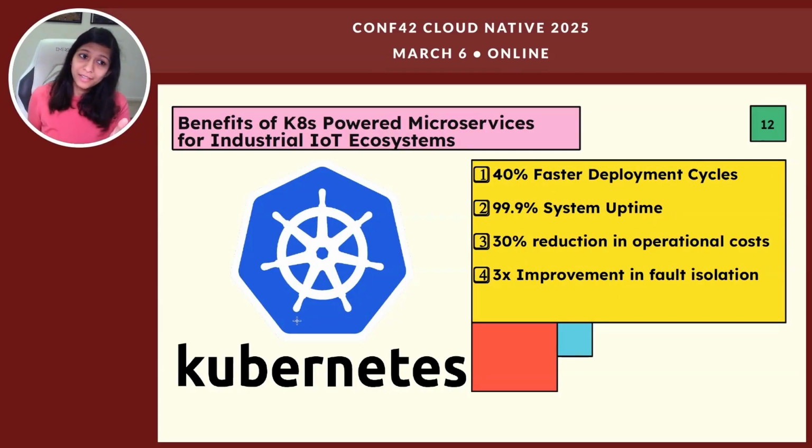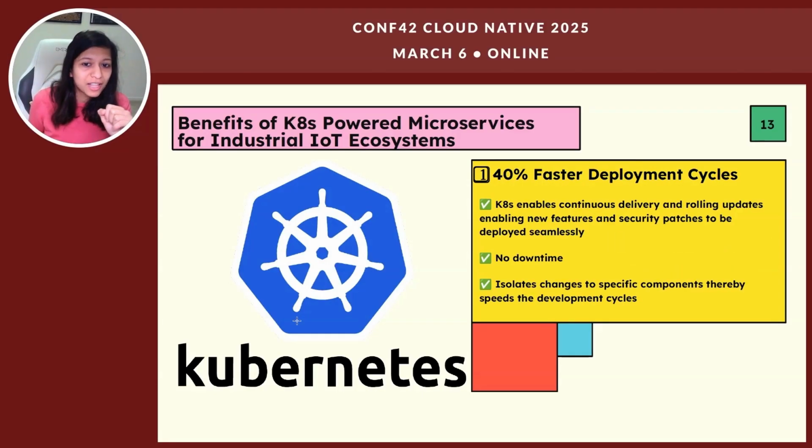So now I'll get into the benefits, right? Because we have seen all these things, but what does it mean in numbers? What does it actually do? So we have four big numbers. First is the faster deployment cycle. As I mentioned, Kubernetes enables continuous delivery, so you can roll out updates in less time than you would imagine.